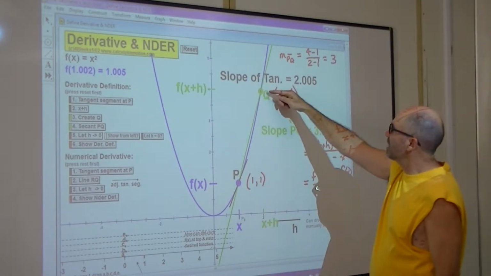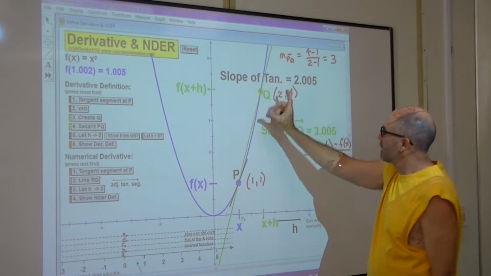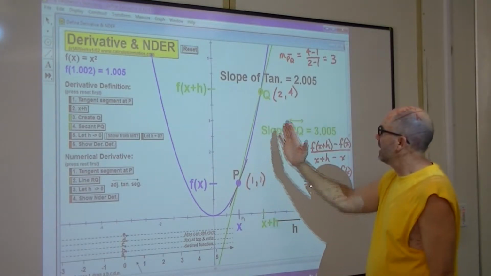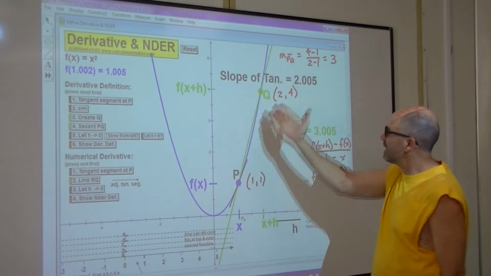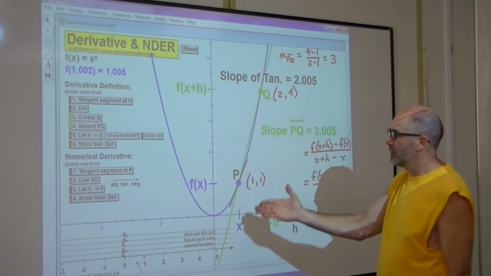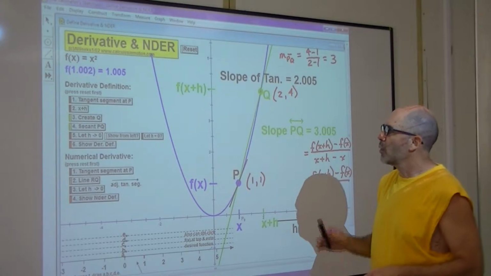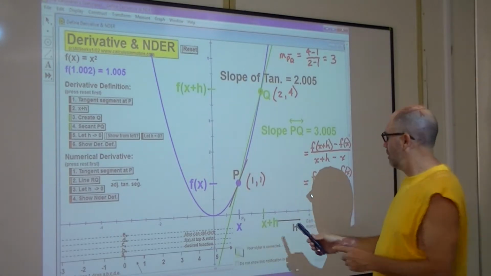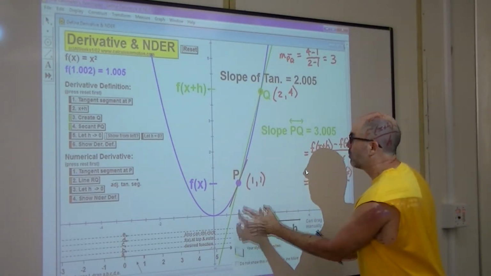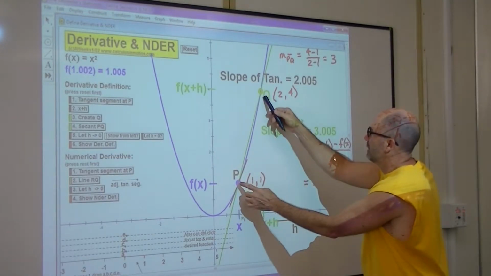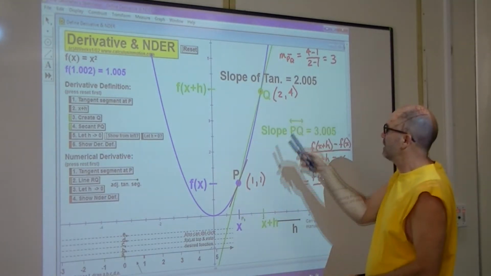In other words, as I let Q get closer and closer to P, then notice my secant line will get closer and closer to my tangent line. So here's what we do. We let h, the distance between these 2 points, h is the distance from P to Q, which in this case is 1.